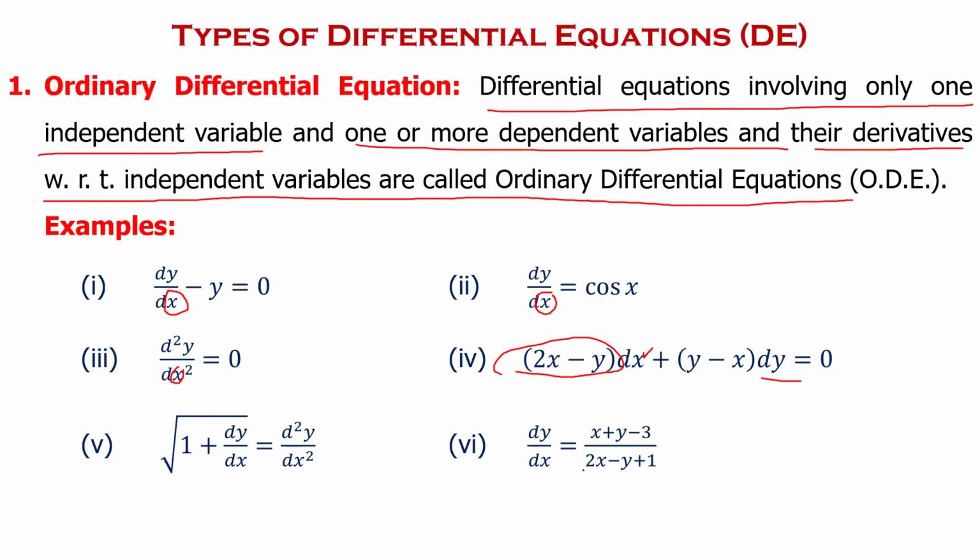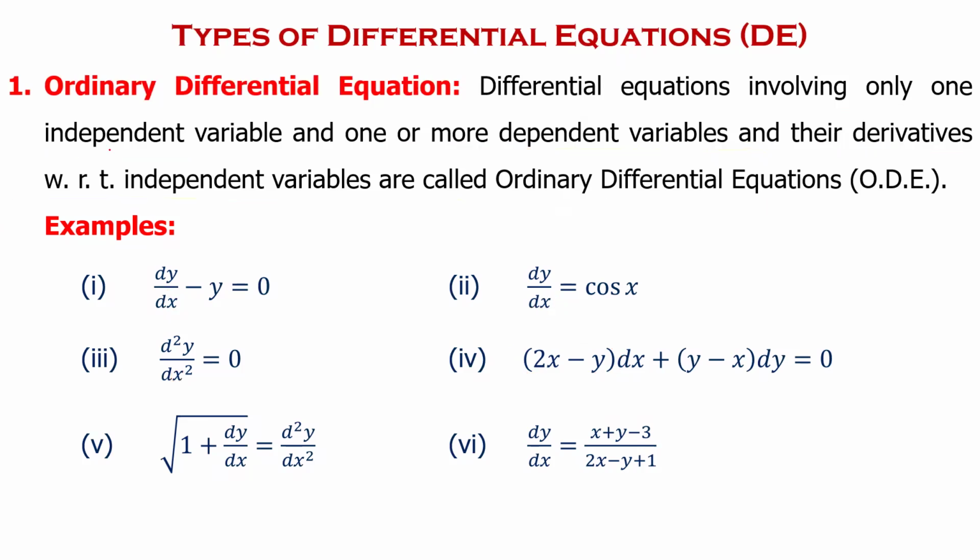So these are called ordinary differential equations. An ordinary differential equation is a differential equation in which only total derivatives are present, like dy/dx and d2y/dx square. Such a type of differential equation is called an ordinary differential equation.